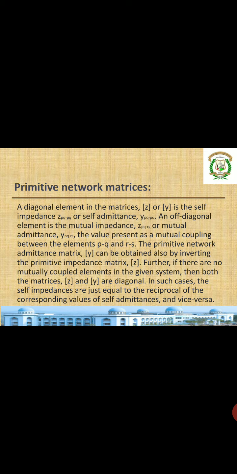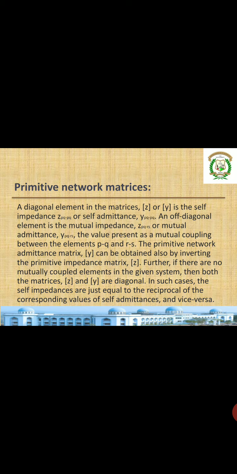Here A11, A22, A33 diagonal elements are nothing but self impedances or self admittances, and off diagonal elements like 21, 12, 13, 23, 31, 32 are the mutual elements. It is shown by PQRS: in the impedance matrix it is ZPQRS, in the admittance matrix it is YPQRS. PQ is one element, RS is another element, so it is a mutual admittance or impedance value, the mutual coupling between the elements PQ and RS.